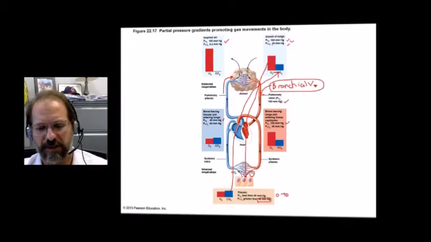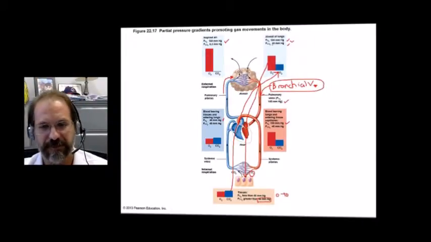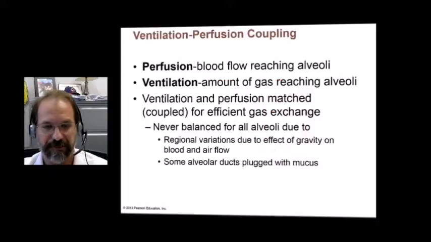Then internal respiration is what happens in the tissue spaces. So tell me about the PO2 driving oxygen down into the tissues. And then conversely, the reverse, you need to be able to tell me the PCO2s in the tissue spaces and in the alveolar space. And always keep in mind these two big red arrows here, which are our partial pressure gradients.